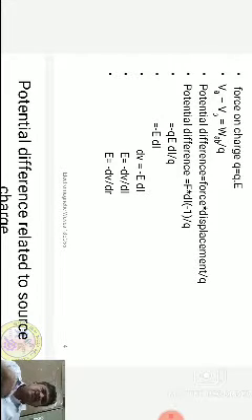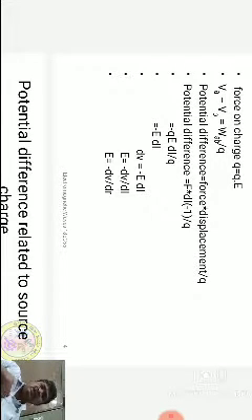Potential difference is equal to force into displacement into cos theta upon Q. Why cos theta? Because the directions may not be completely opposite. It may be oriented, or the theta can vary. That is why, when we are applying the displacement, that can vary. So that's why we are applying the angle, that is cos theta.